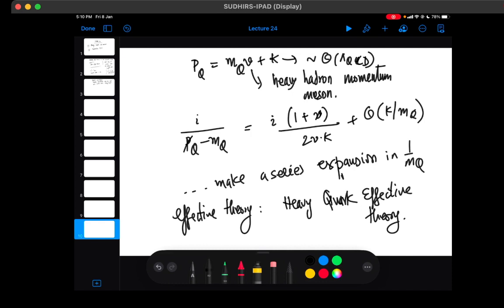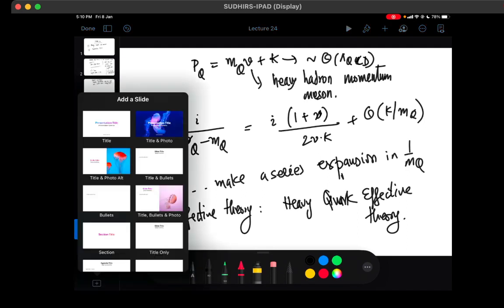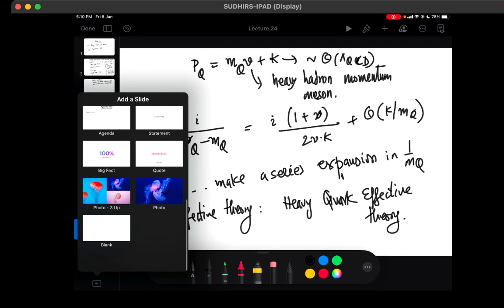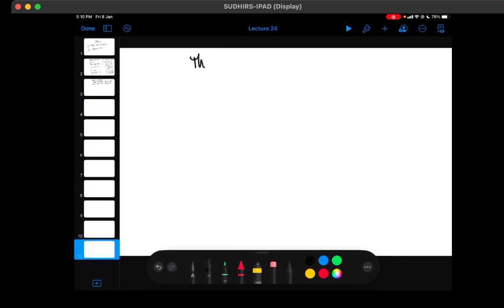And then finally, the last quark we have is the top quark. The question is, does the top quark form mesons?